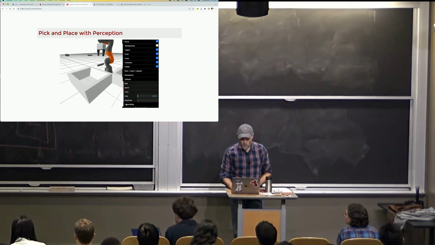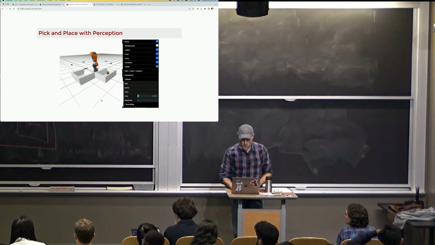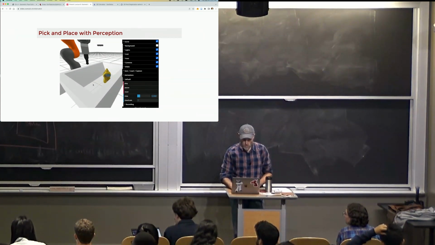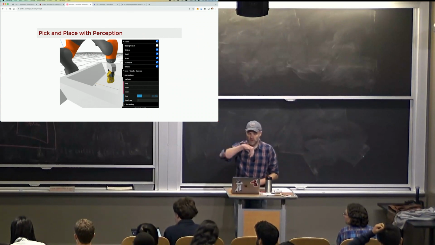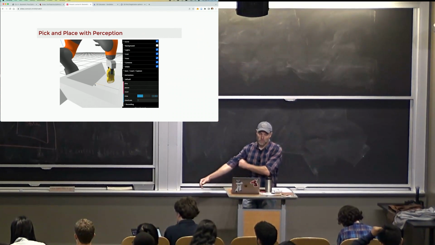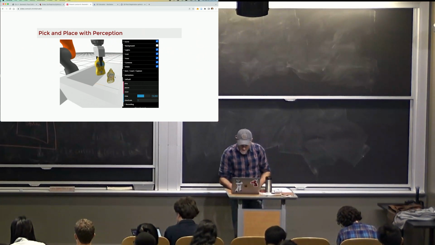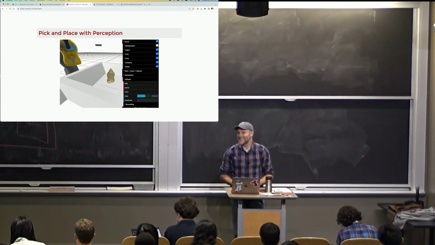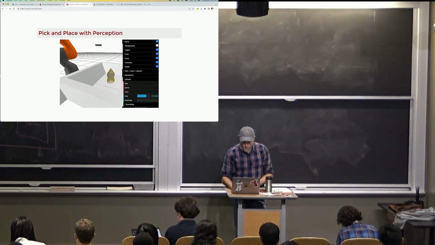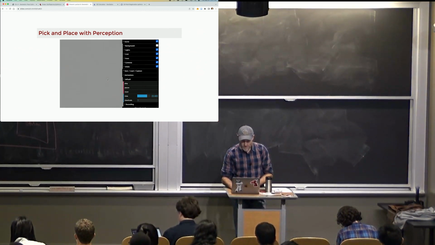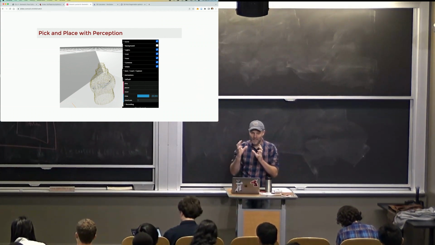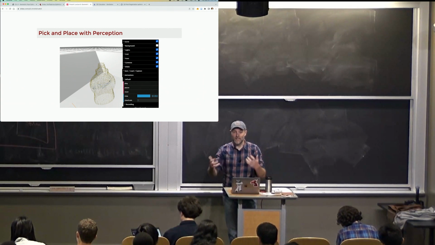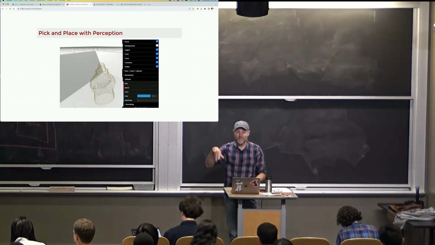Then mostly this is the same kind of thing we did before, where we start off and figure out where the mustard bottle is. That's the role of perception. We do our standard gripper trajectory and make our move from point A to point B. Now, what is this thing that's getting left behind? That thing is a point cloud, which is computed by reading the cameras at time 0 and doing some initial processing on the data that you get back from those cameras in order to make the decision about where to grasp.